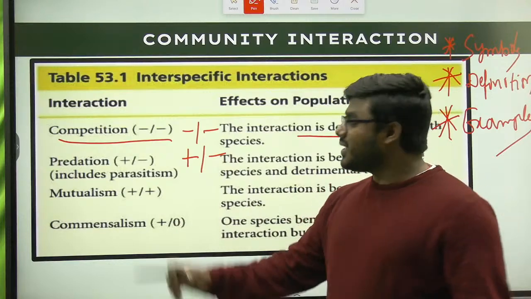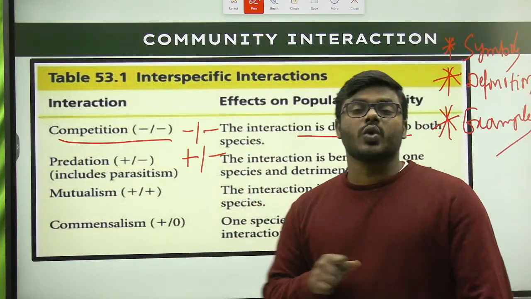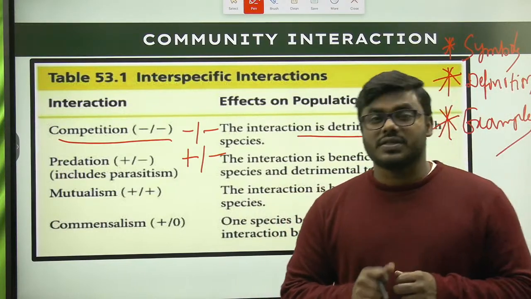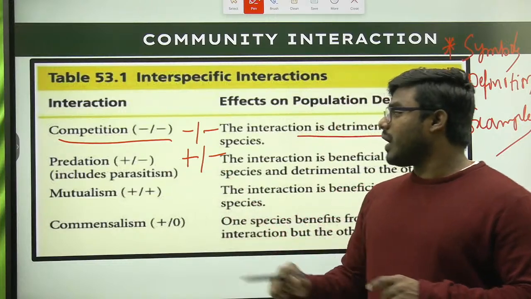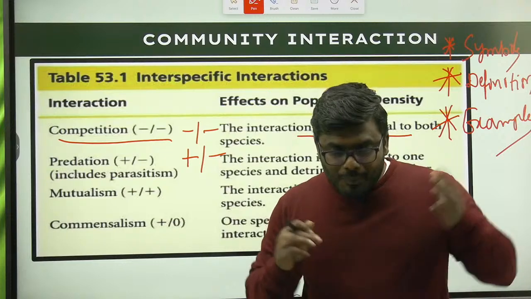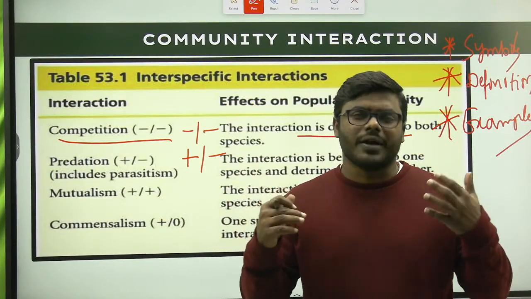Obviously the predator is going to win and the prey is going to die. This is one of the fundamental differences between competition and predation. Always remember, friends, in competition both are negatively affected, both are harmed.